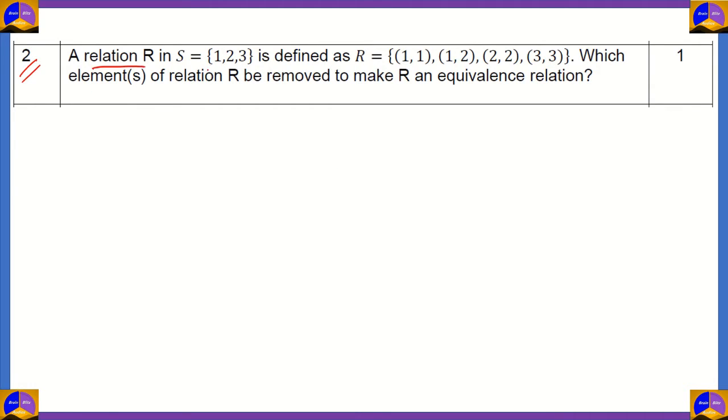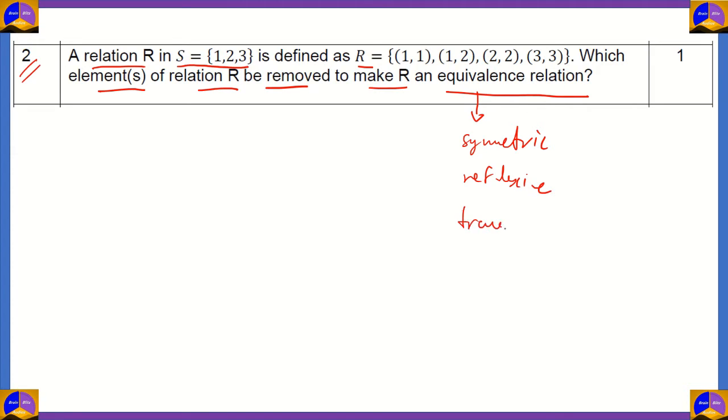A relation R in a set S which has elements 1, 2, 3 is defined as R equals {(1, 1), (1, 2), (2, 2), (3, 3)}. Which element or elements of relation R must be removed to make R an equivalence relation? An equivalence relation is a relation which is symmetric, reflexive, and transitive.